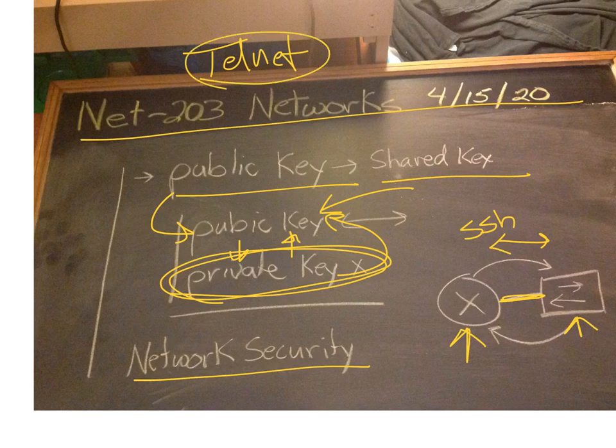We used Telnet before, port 23. Now we'll use port 22, and it'll be secured. So if there was a man in the middle, they wouldn't be able to read the communications. All right, I guess that's it.